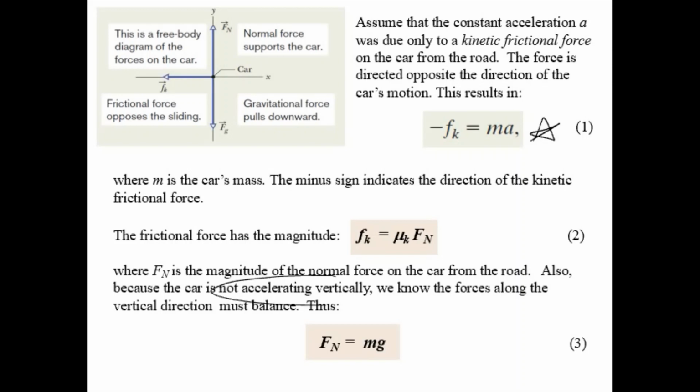There's no acceleration in the y direction, so the forces along the vertical direction must balance. So F sub n is equal to mg. We can now take that and stick it in here. You see where we're going with this? We can write F sub k with a size equal to mu sub k mg, and now we just have to plug that value in up here for F sub k, and now we're on our way to solving for the deceleration of the car.